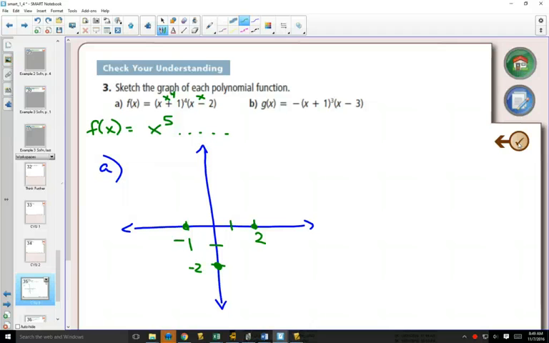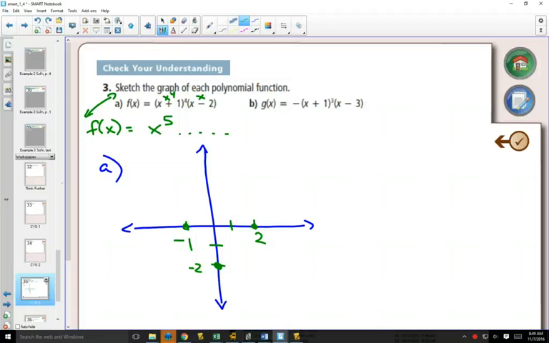It would be a positive x to the 5 graph. Again, if we just look at our x's, here you'd get a positive x to the 4, here a positive x, so you'd get a positive x to the 5 graph. That means this graph acts like a line. Its end behavior is going to start in the bottom left and end in the top right.